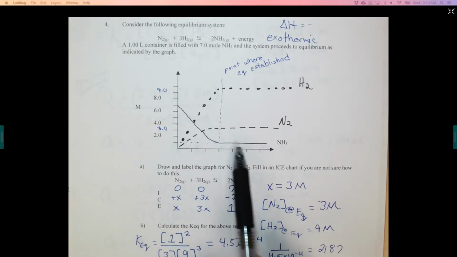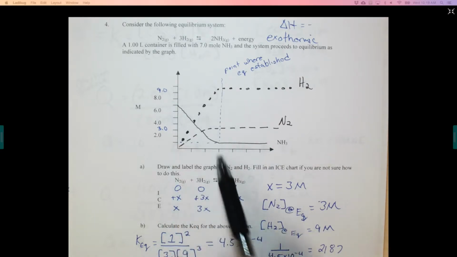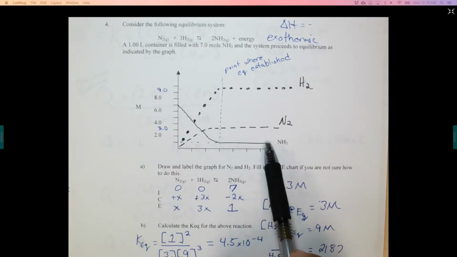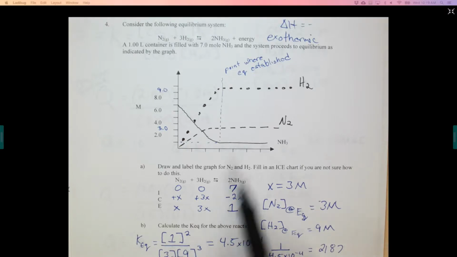They've also given us a graph showing how ammonia decreases over time. But we need to determine the amount of the 2 reactants that will be formed once equilibrium is reached.